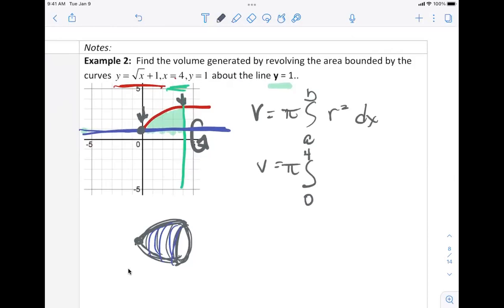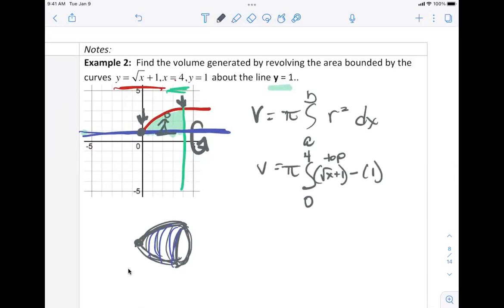Now your radius, when we were talking about head minus feet in the area lesson, this is where they start to combine together. Your top is the square root of x plus 1, minus the bottom, which is 1. This whole quantity needs to be squared, dx.